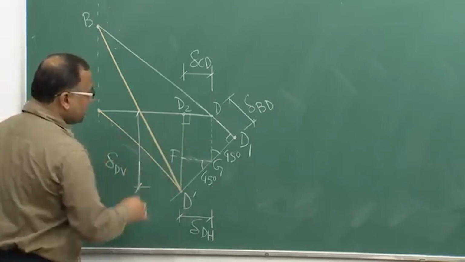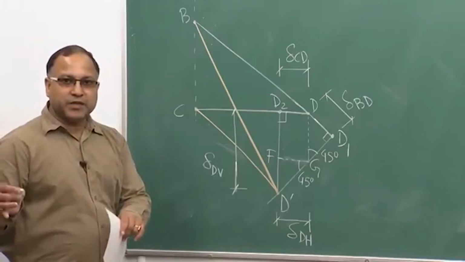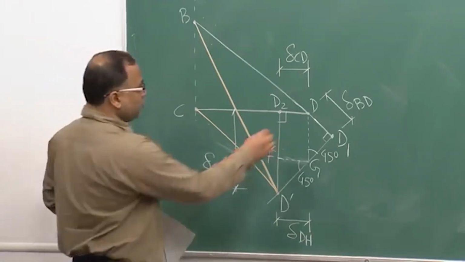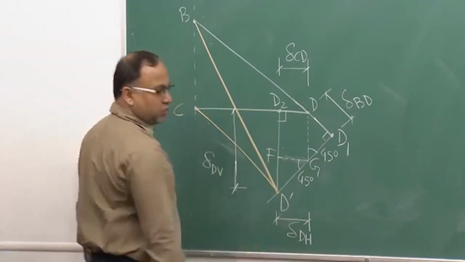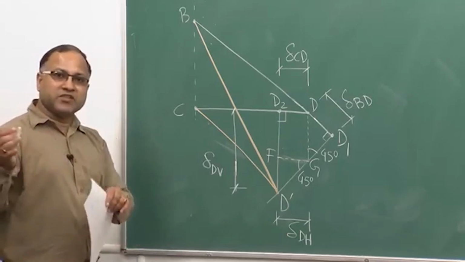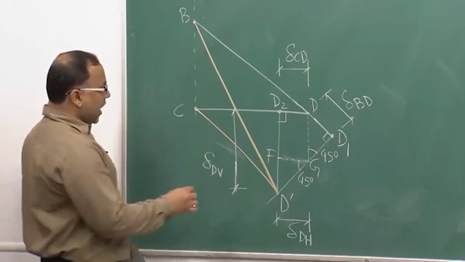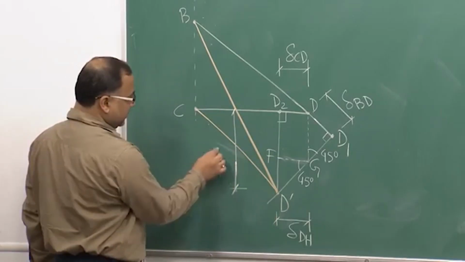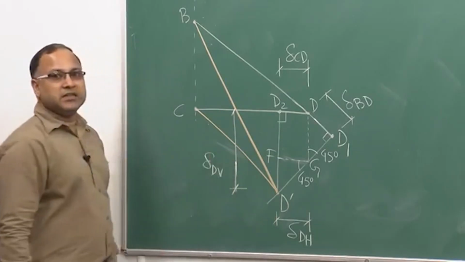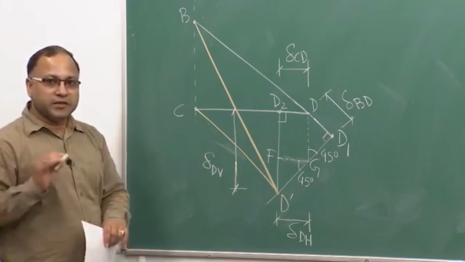So, what is the displacement of point D? D is coming to D prime. So, this much is your horizontal displacement or the horizontal shift of point D, and this is your vertical displacement of point D, fine.